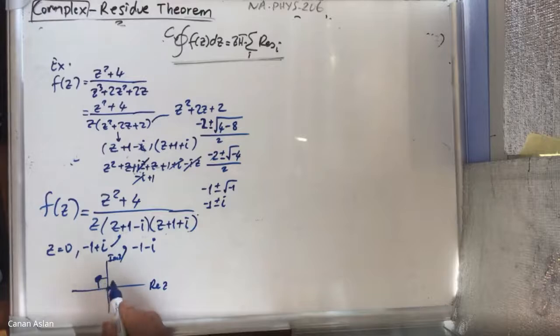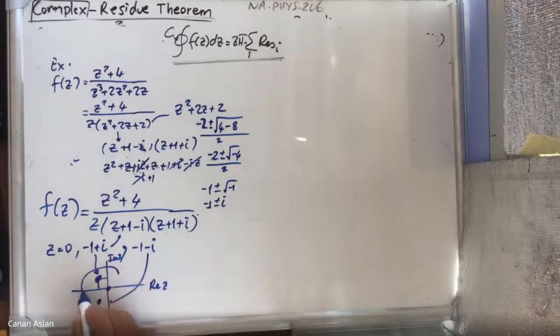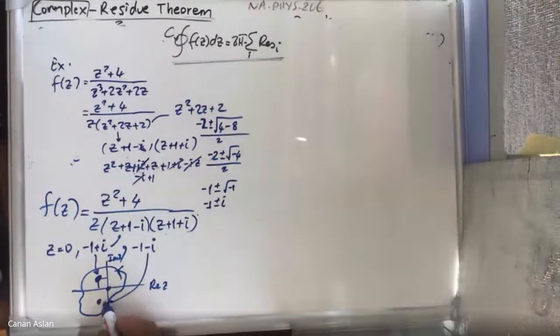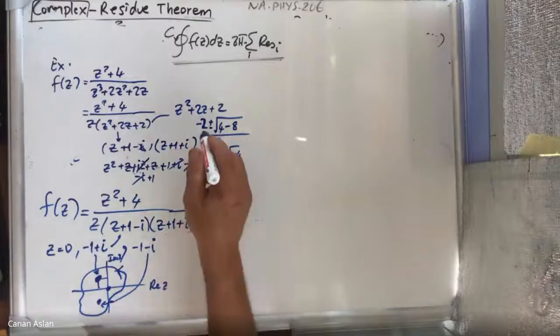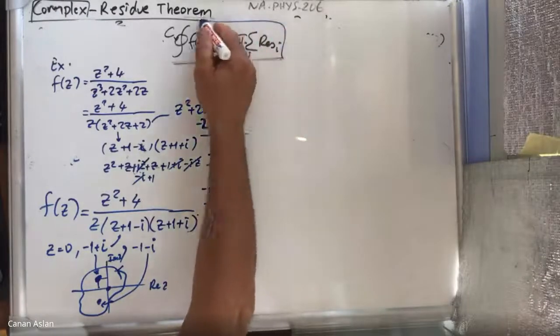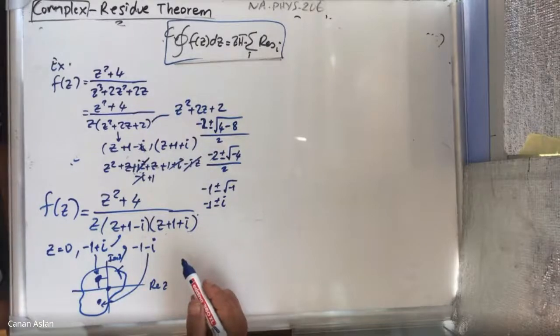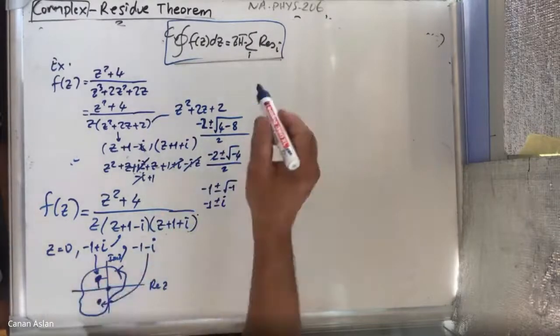Now, minus 1 minus i is exactly symmetric to this point. If our curve includes these three singularities, then we can calculate this integral after having determined what the residuals are, each independent residual. Let's get the simplest one, z equals 0.